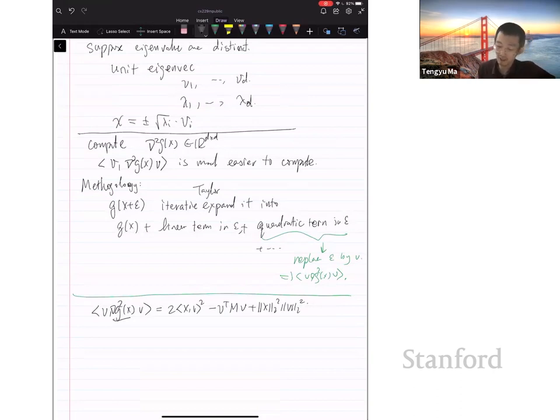I'm only writing the quadratic form as an analytical formula of x and m and v, and so forth. In this case, from this quadratic form, you can still figure out what the corresponding matrix is. You can write it as a matrix multiplication. That's okay. But for many other cases, it's very hard to write out the matrix of the Hessian, right? But the quadratic form is just some analytical formula.